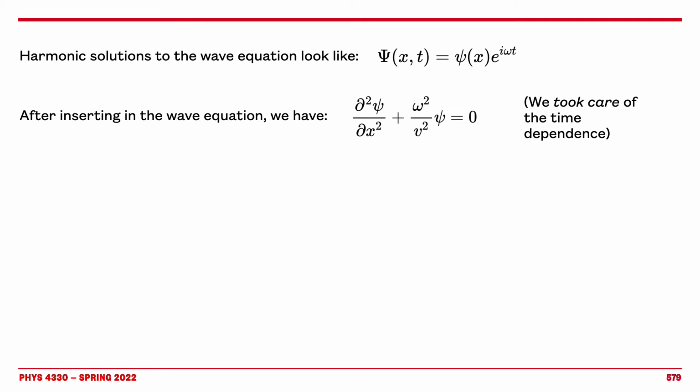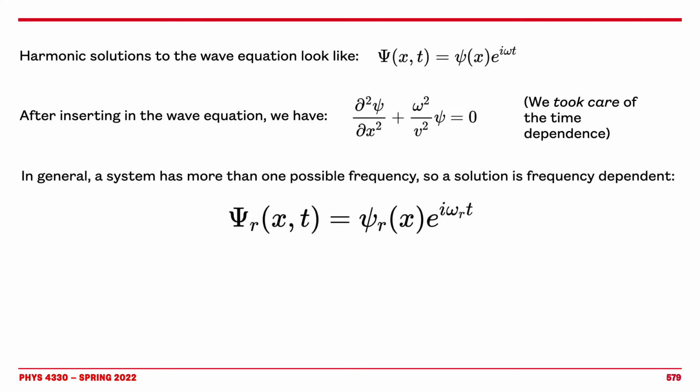So in general, as we've seen, it's very important to remember that there are multiple possible frequencies omega that can be used as a solution to the wave equation. We saw that in lots of detail in many examples that we have looked at so far. In fact, for the continuous string, we even found that the number of frequencies is infinite, but that's not really an issue. So that means that in general, one specific solution of the equation will have a specific frequency, and this is why we write it this way.